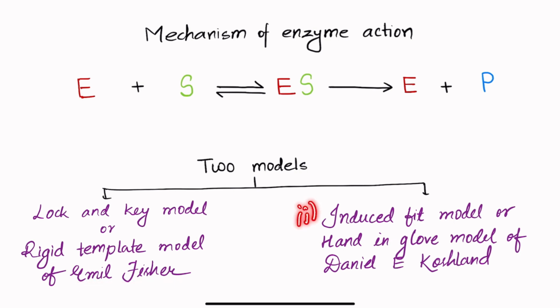And number two, induced fit model, which is also called hand in glove model, which has been proposed by Daniel E. Koshland. And it is really simple to understand both of these models because the explanation of these models have been given by the name of the models themselves. So let's look at both of them one by one.